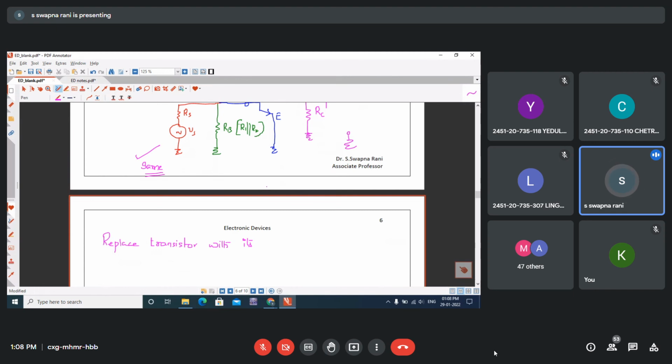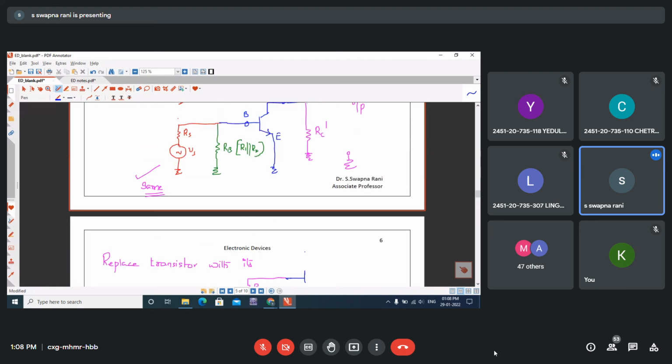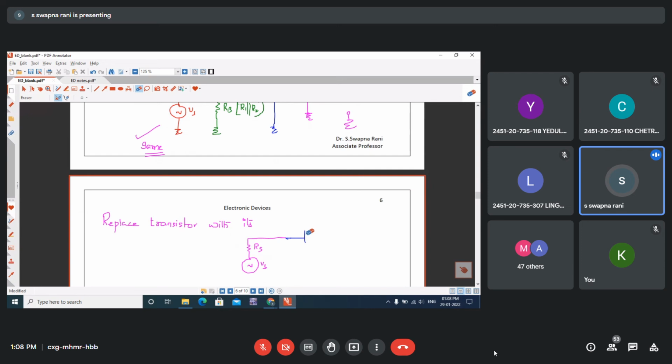I am showing the approximate model here. We have to replace the transistor with its parameter model, right?